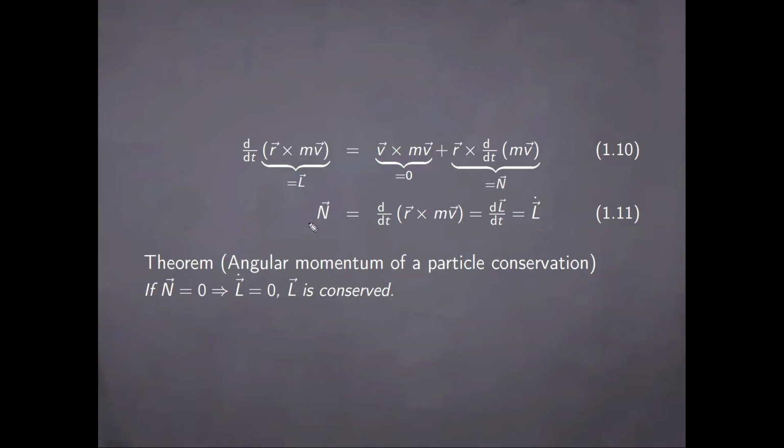As such, the torque applied to a particle is equal to the time derivative of the angular momentum, so the corresponding conservation theorem can be stated as: if the applied torque is 0, then the time derivative of the angular momentum is 0, and as such the angular momentum is conserved.